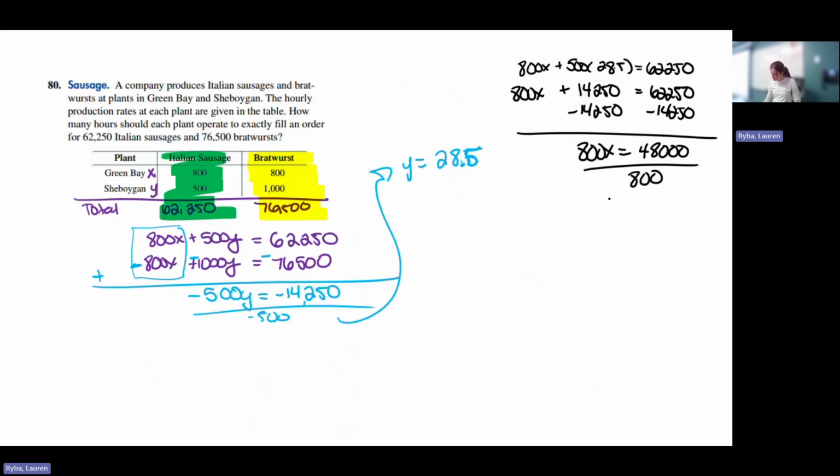And when I divide by 800, I'm going to get 60. So the answer is 60, 28.5.